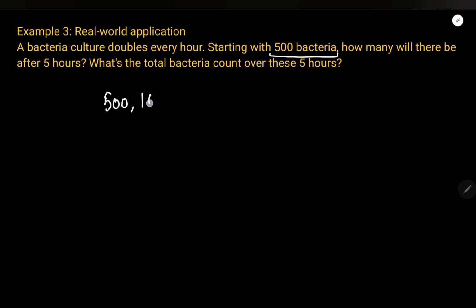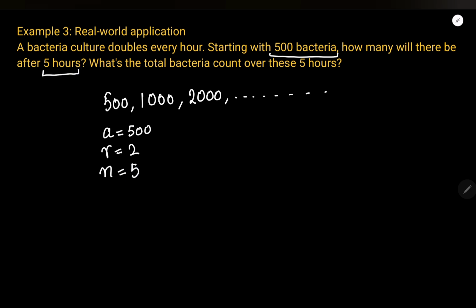That means in the second hour it will become 1000, in the third hour it will become 2000. Though we can find the fifth hour here as well, I will tell you with the help of the formula. A is 500, R is 2 and N is 5 because they are asking after 5 hours.